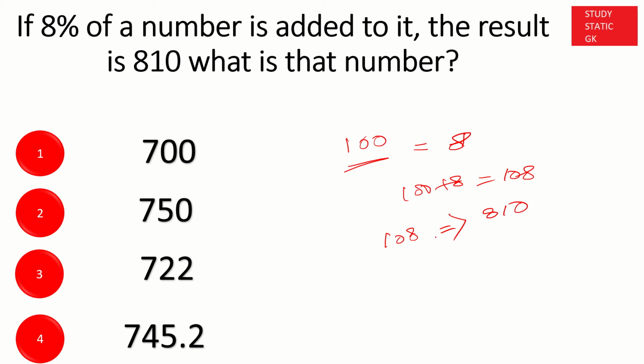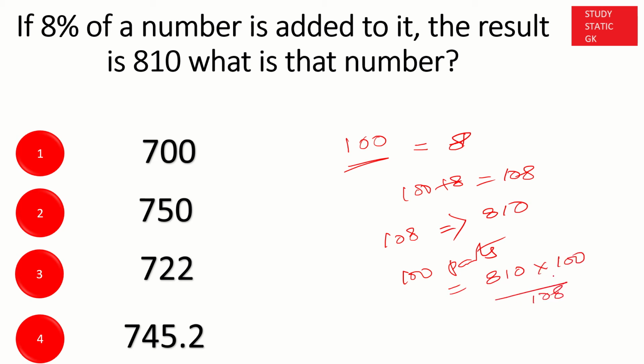Now what is he asking? What is that number? He is asking about the 100 parts. If 108 is 810, then what is 100? Simple: 810 into 100 by 108.